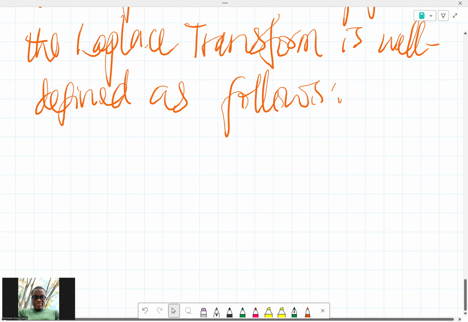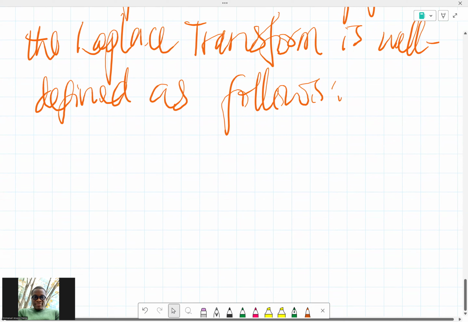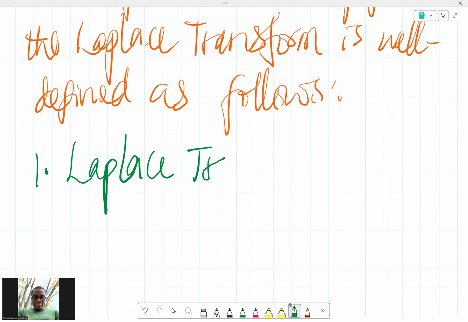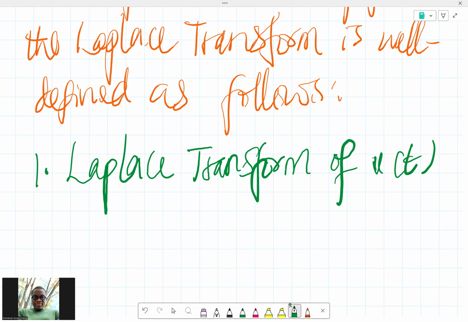So first we have the Laplace transform of u of t, the regular unit step function.